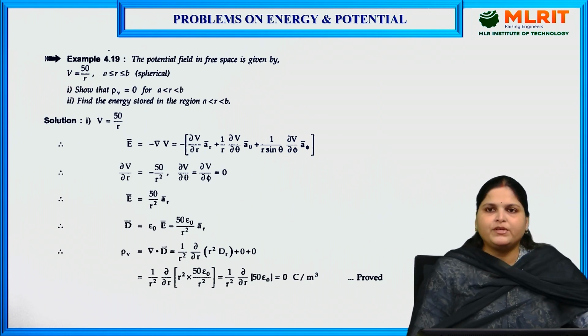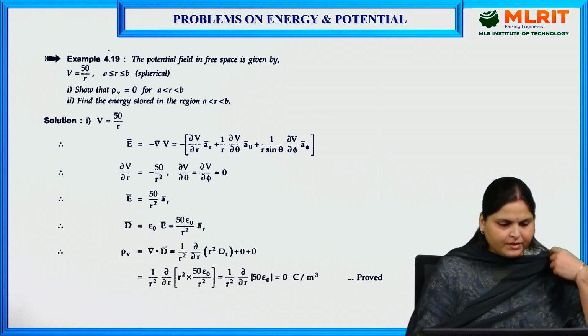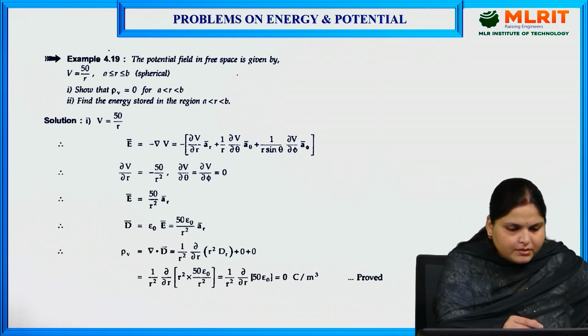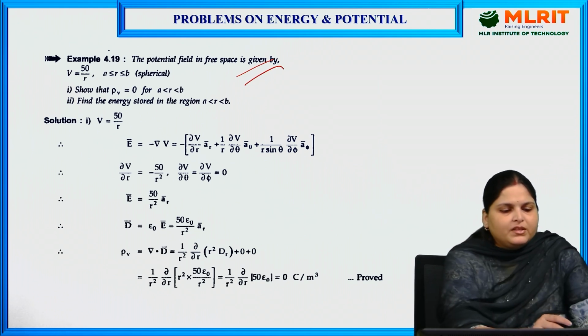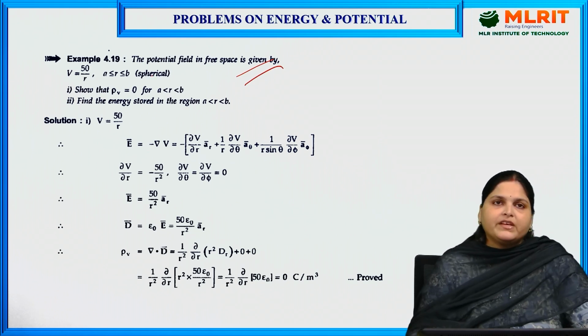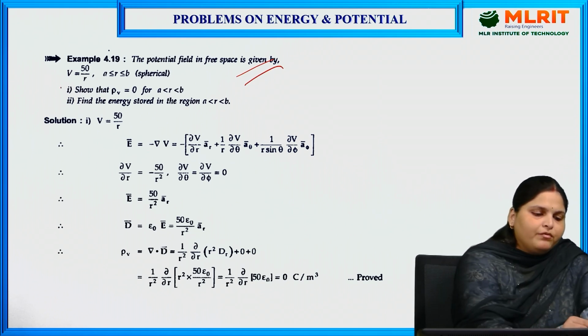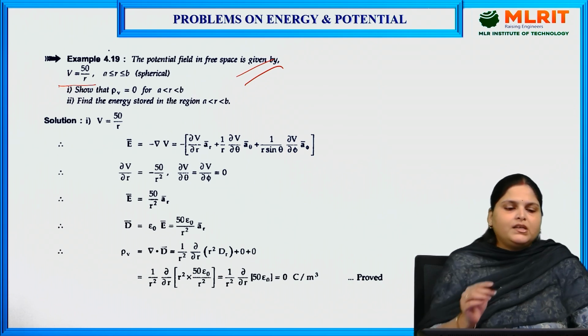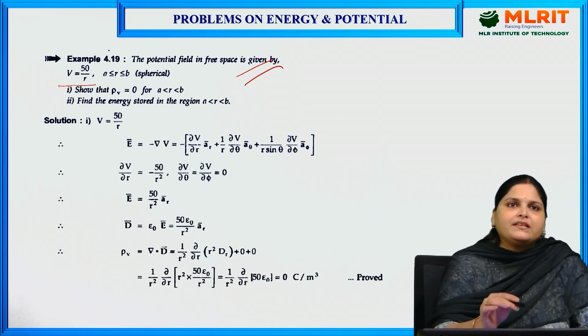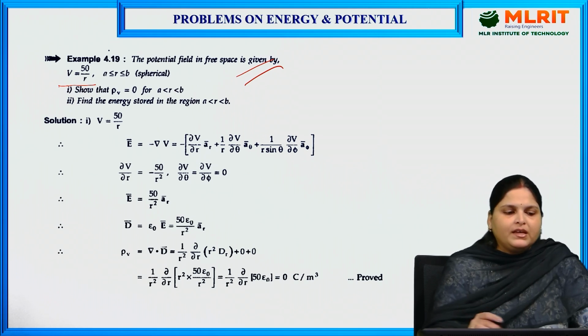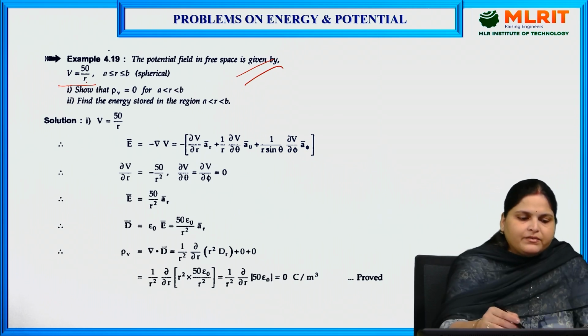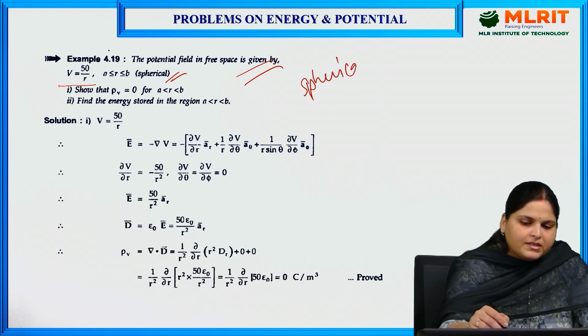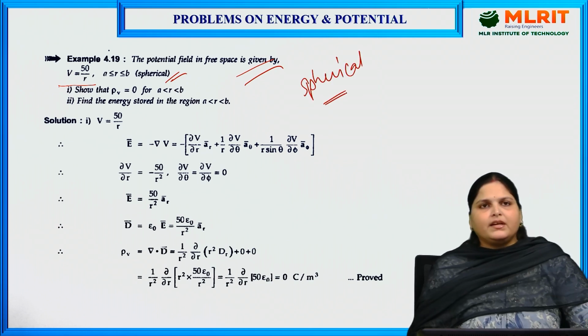Let's take another question. In this question, the potential field in free space is given by V is equal to 50 by R, where R can extend from A to B, and it is written that it is in the spherical coordinate system, right?